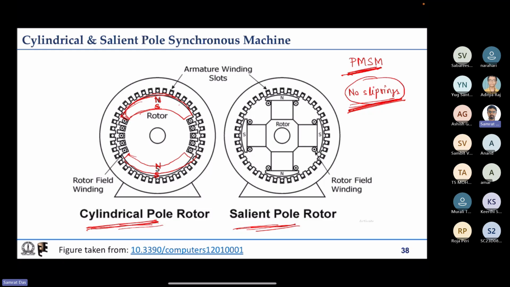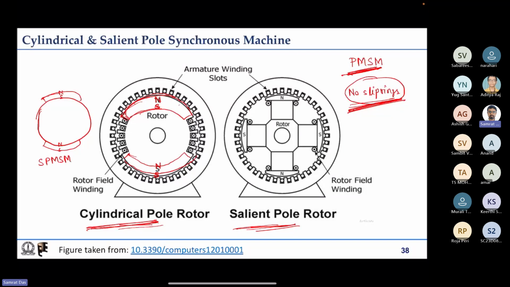Okay, so also just for the sake of completeness, for these PMSMs, if this is the rotor, the magnets can be on the surface. So this is the regular rotor, and the magnets can be on the surface. That is known as surface mount PMSM, SPMSM basically.